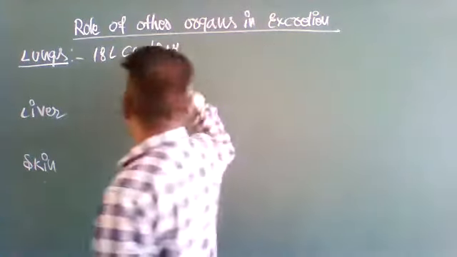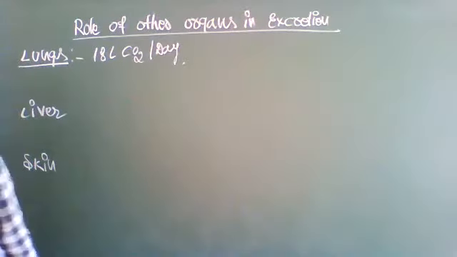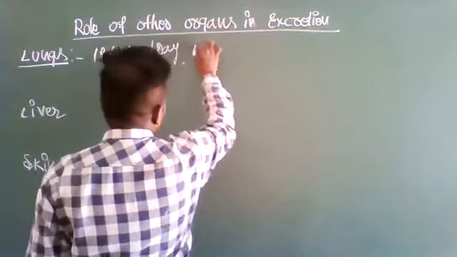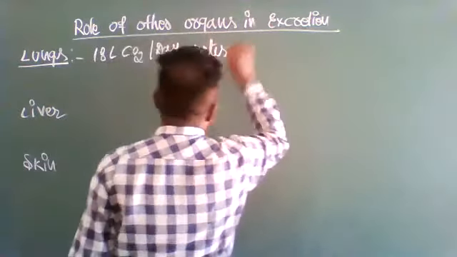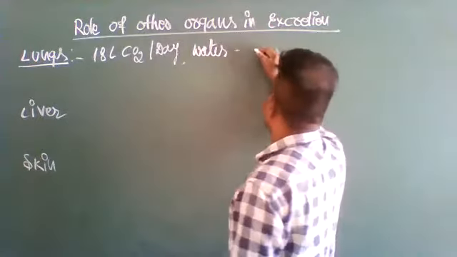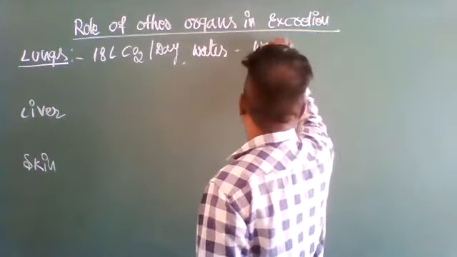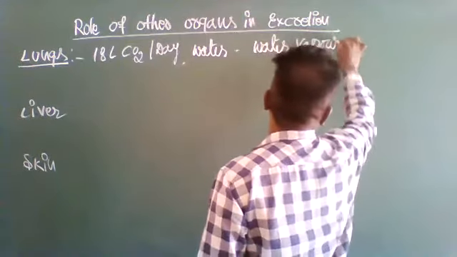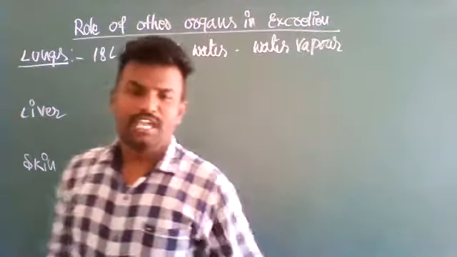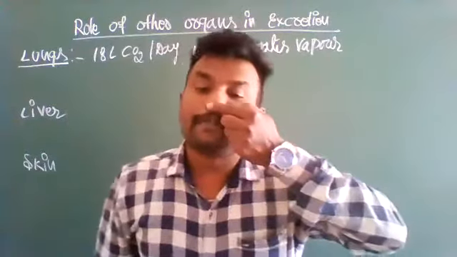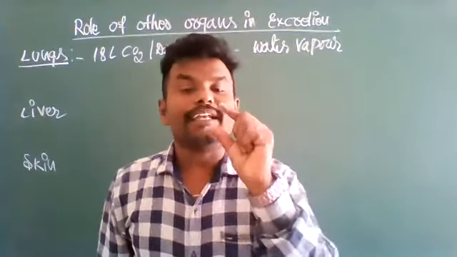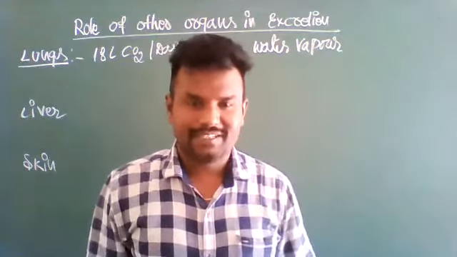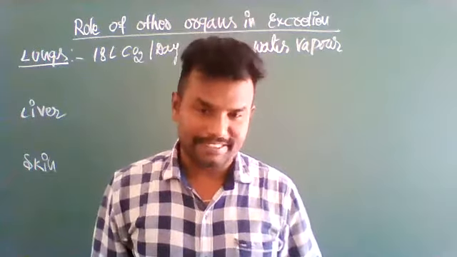Along with this carbon dioxide, some amount of water is also eliminated in the form of water vapor. If you take a tissue and keep it here, the tissue will get moist due to the water vapor and some amount of carbon dioxide.